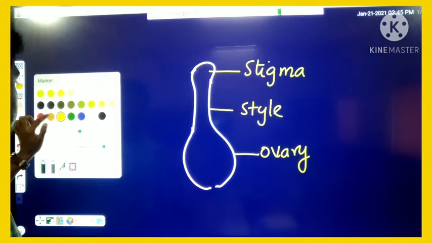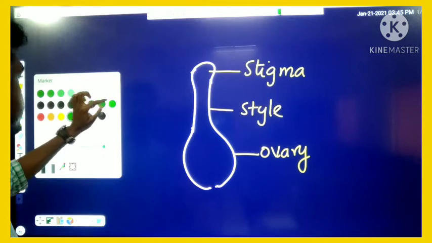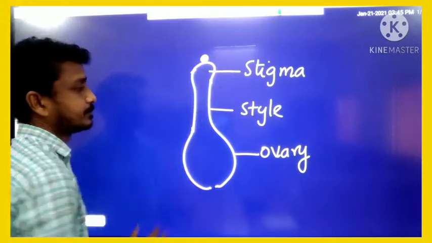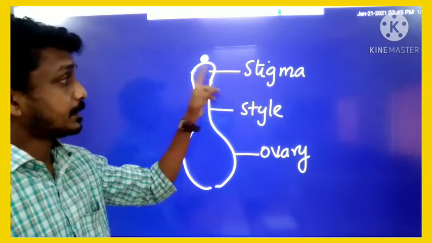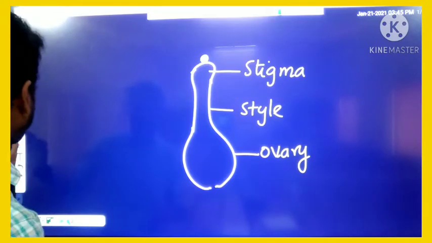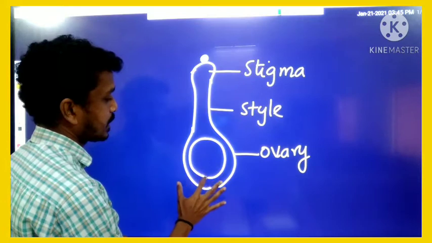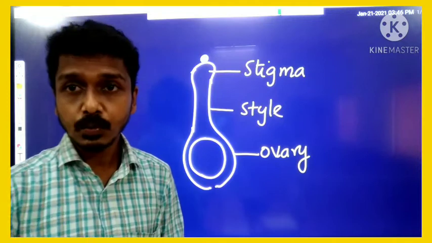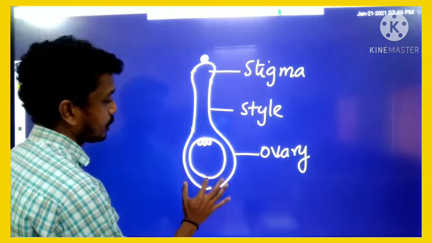During pollination, pollen grains reach the stigma. Then here are the stigma, style, and ovary. Inside the ovary, you know that the ovary contains egg or ovule, right? Ovary contains egg or ovule.